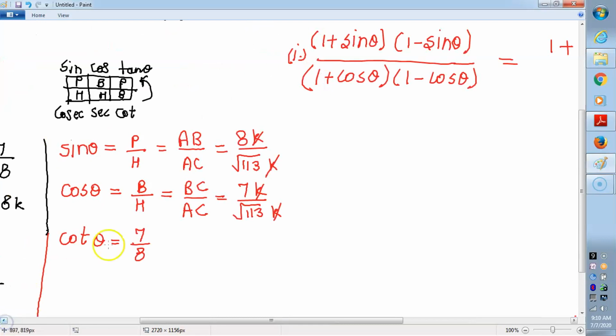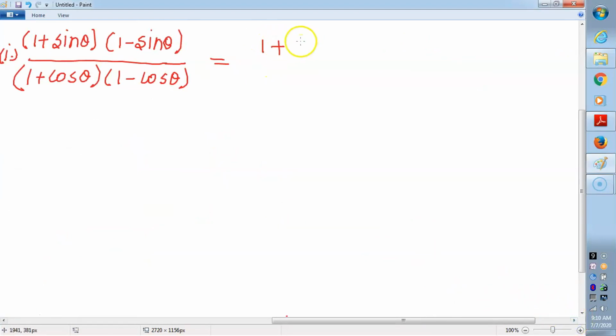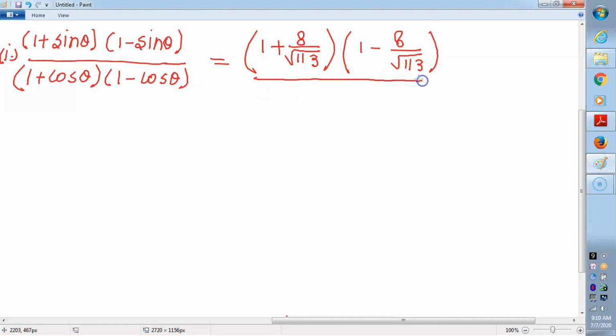We can see on the screen, 8 by root 113, and for cos 7 by root 113. Let's write it, 1 plus 8 by root 113, and here 1 minus 8 by root 113, upon, for cos we will write 1 plus 7 upon root 113, 1 minus 7 upon root 113.